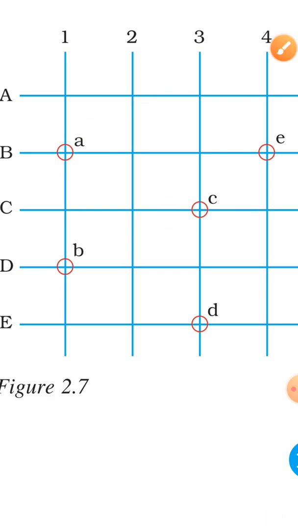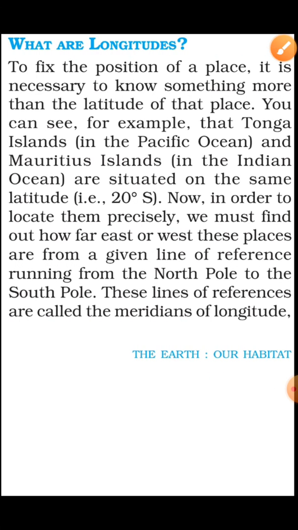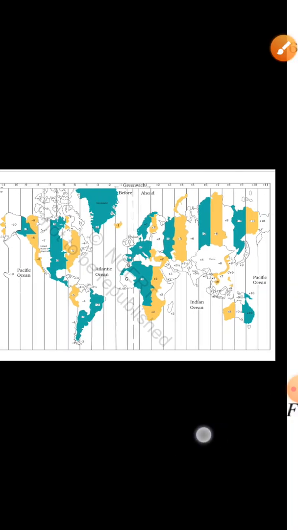So to locate them we also need the longitude of that place. Now you can understand it, and these reference lines are called meridians of longitude.